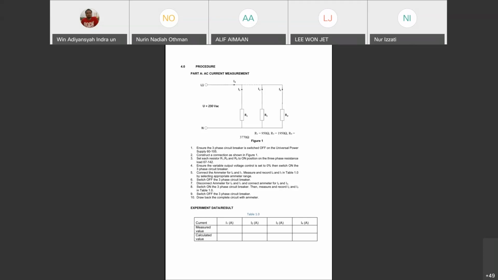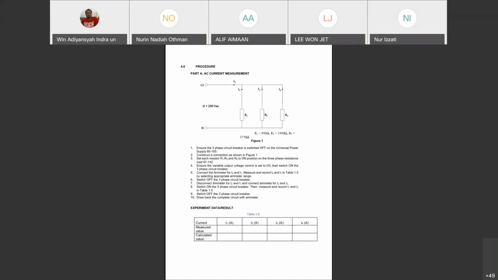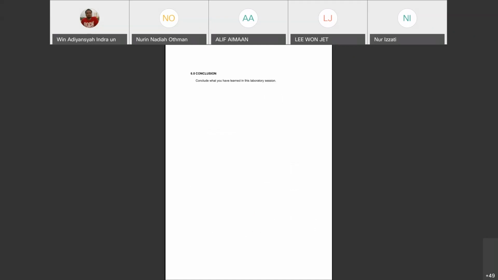You have 3 resistors here with 2 different values. That's it for figure 1. Figure 2 is still the same, simple. Figure 1 is parallel, figure 2 is series.